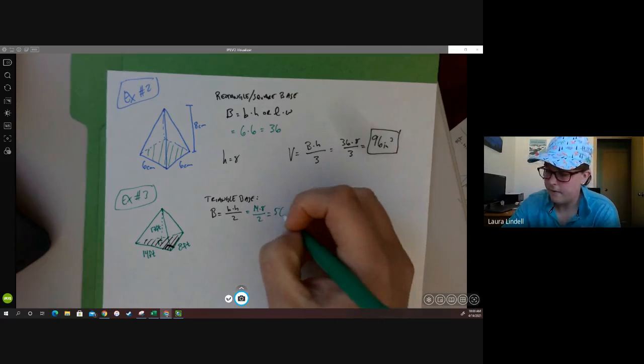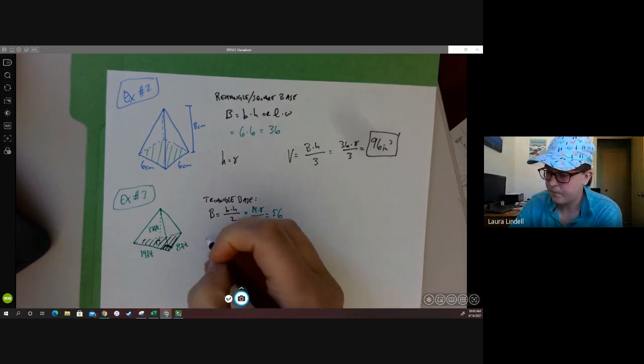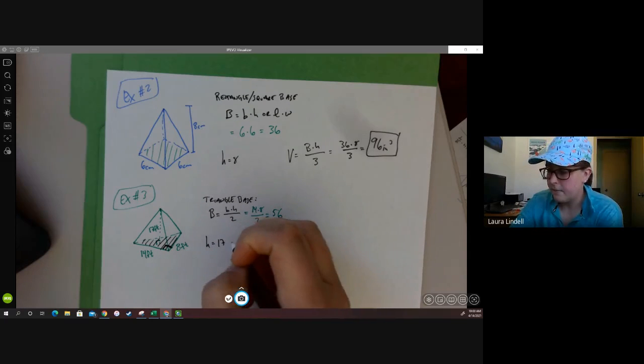And we get 56 for the area of the base. And then what's the height of the pyramid overall? Yeah, 17. Exactly. So the height of the pyramid overall is 17.